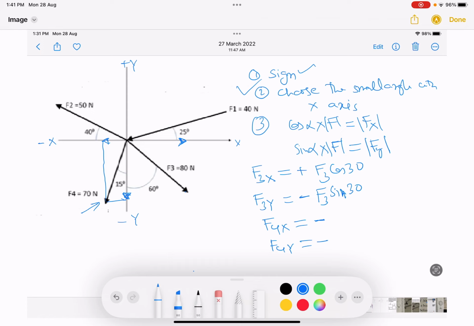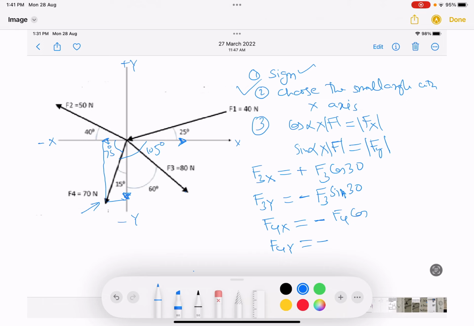Now this F4 is making 15 degrees with the y-axis. That means it is making 75, 90 minus 15, 75 degrees with the x-axis. And it is making 105 degrees with the x-axis. So you are going to choose the smaller angle. So F4x is equal to the magnitude of F4, F4 into cos of the smaller angle.